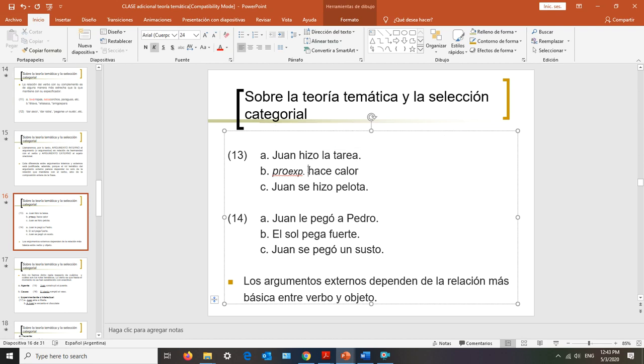Here in hace calor, we have an impersonal sentence in that there's no agent selected for, there's no argument whatsoever, but this is a locución verbal already. When we want to describe what the weather is like today and imagining it is hot, we don't just say hace, but we say hace calor. It's like an expression, a verbal expression.